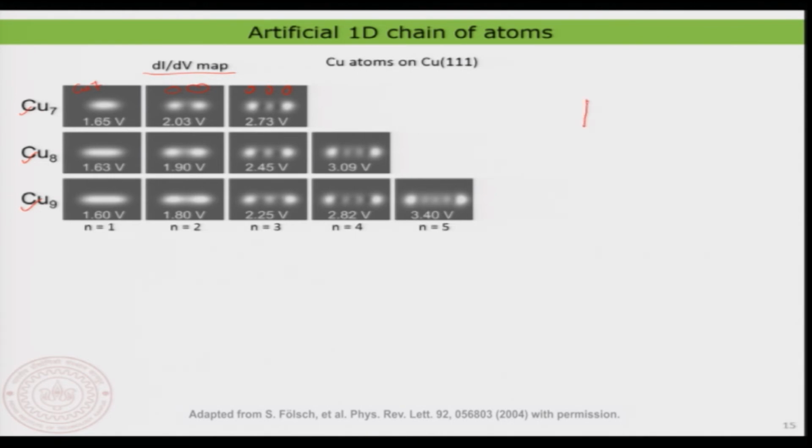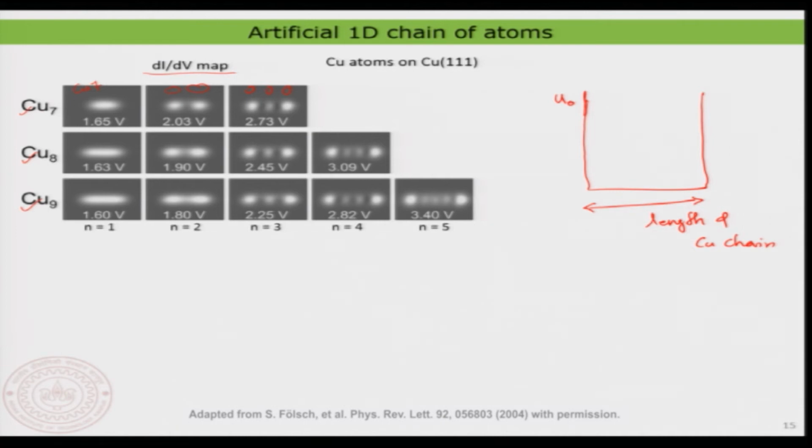You can consider this as the one-dimensional box, where the box length is nothing but the length of the copper chain, and then you have the electrons confined within this particular potential. This is of course a certain potential which we can call U0.